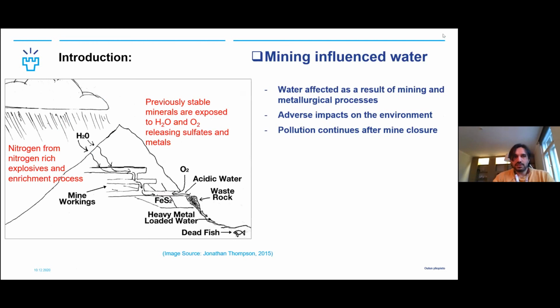Some introduction about how mining influences water. When the ore is exposed, precipitation and other environmental factors combine, and atmospheric oxygen can react with the iron sulfide, which creates sulfates. Using explosives for mining can also increase the nitrogen compounds in the water.